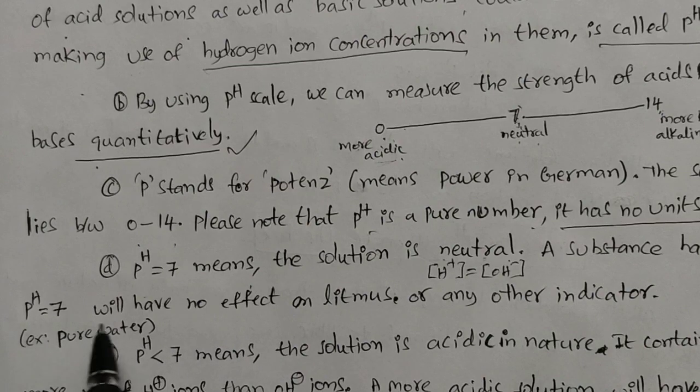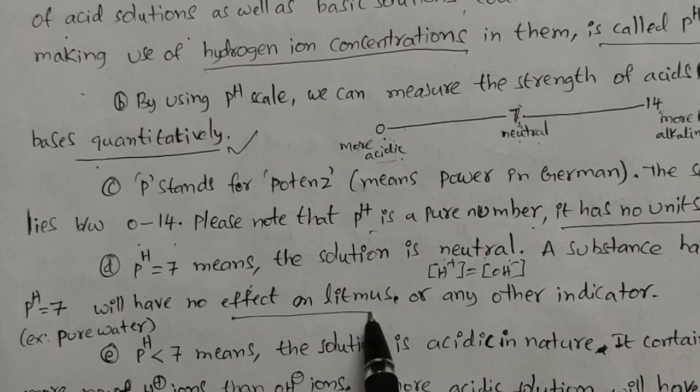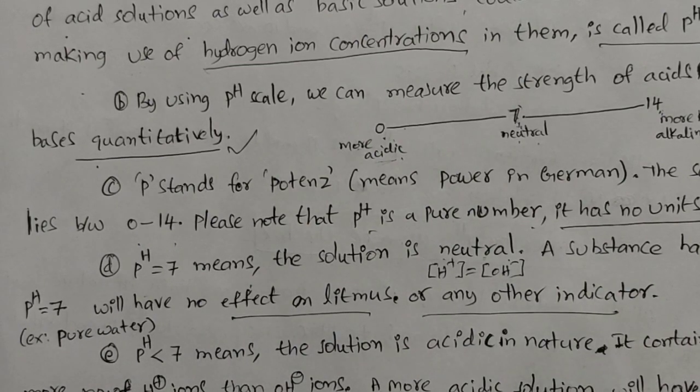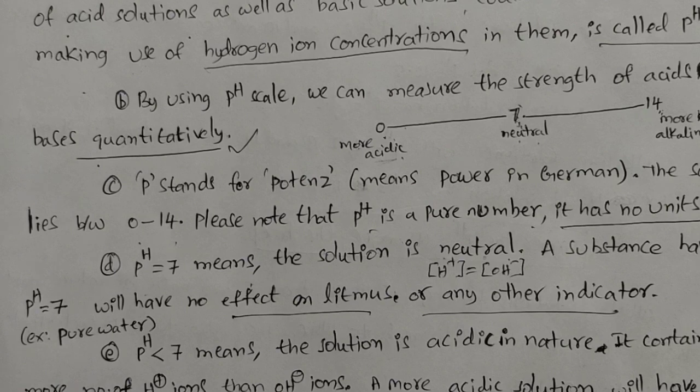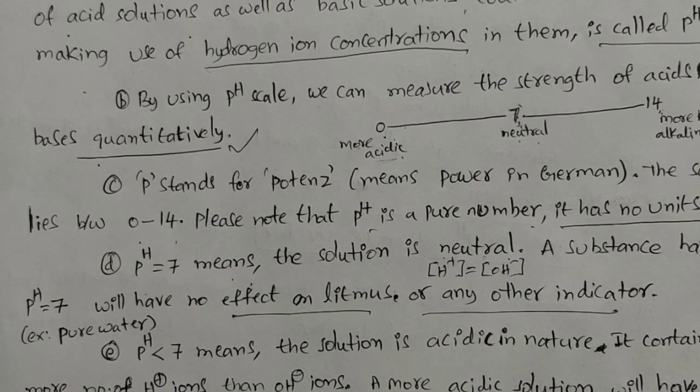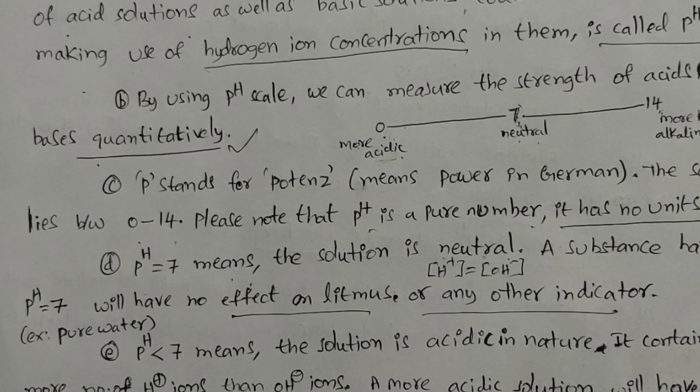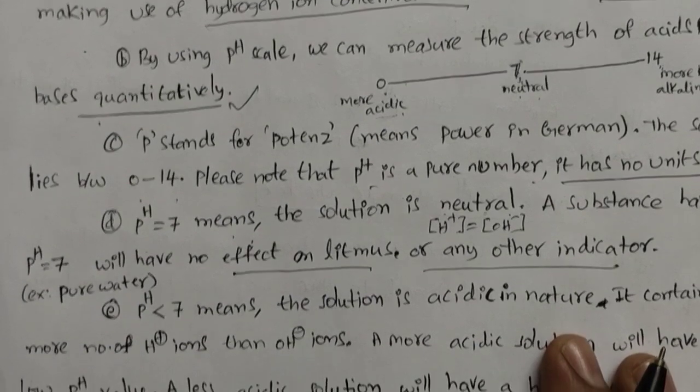So a substance having pH 7 will have no effect on litmus or any other indicator. Acids or bases can have an effect on litmus paper, right? Acids turn blue litmus to red, bases turn red litmus to blue, but neutral solutions do not have an effect on litmus. So when pH equals 7, it means a neutral solution. Why are those solutions neutral? Because the concentration of H plus ion and OH minus ion present in them is equal.